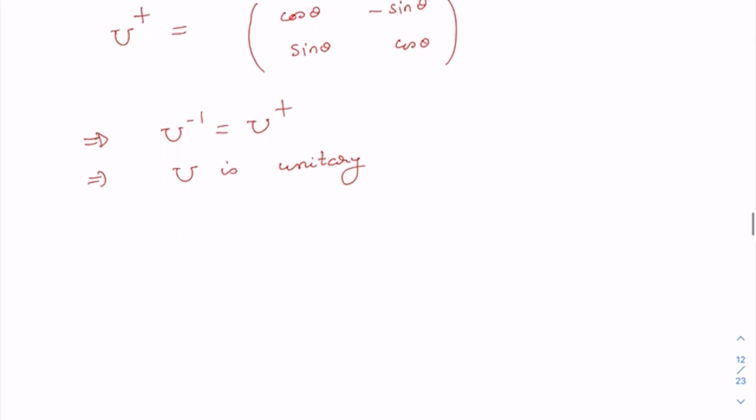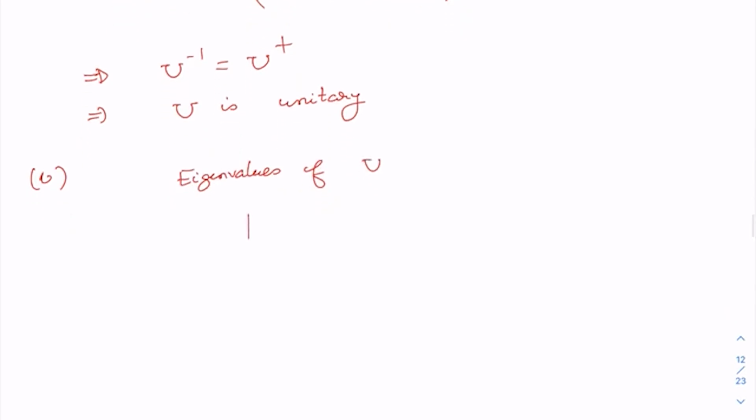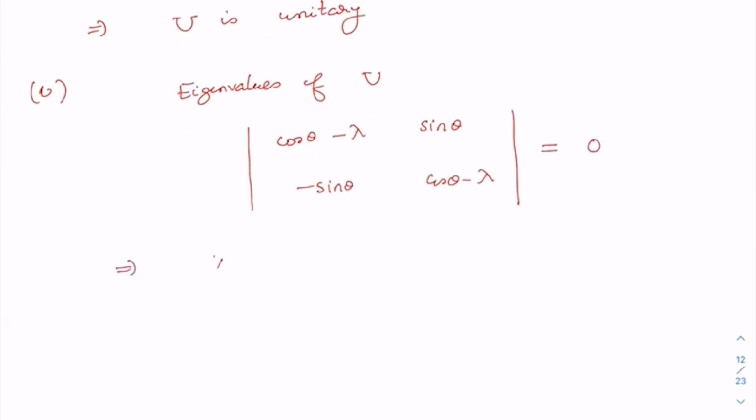Alright, now second part B, let us find out the eigenvalues of U. To do that, you just have to solve the characteristic equation: the determinant of cos theta minus lambda, sine theta, minus sine theta, cos theta minus lambda is equal to 0. Then you will see that cos theta minus lambda whole square plus sine square theta is equal to 0.